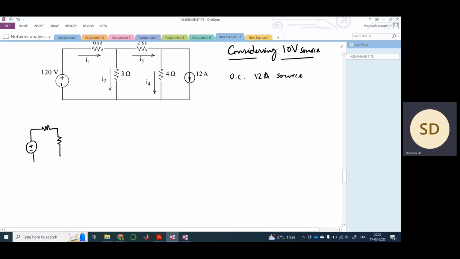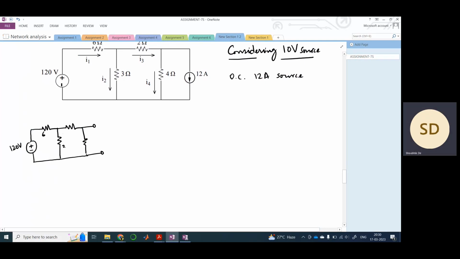And of course this is open because we open circuited the current source. This is how we do it.